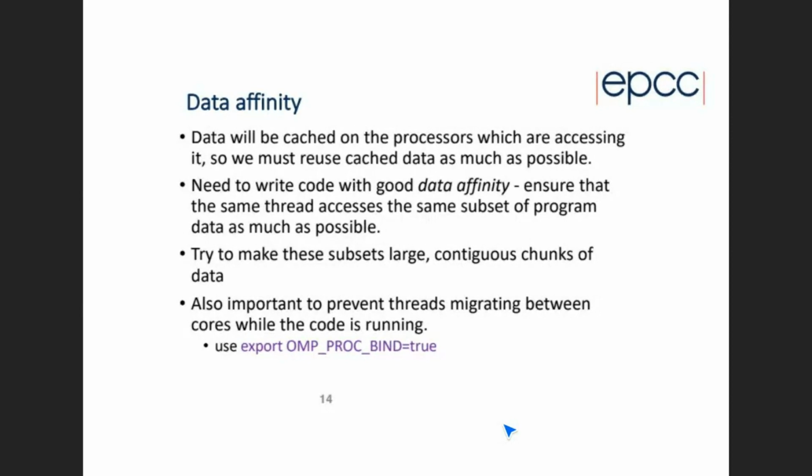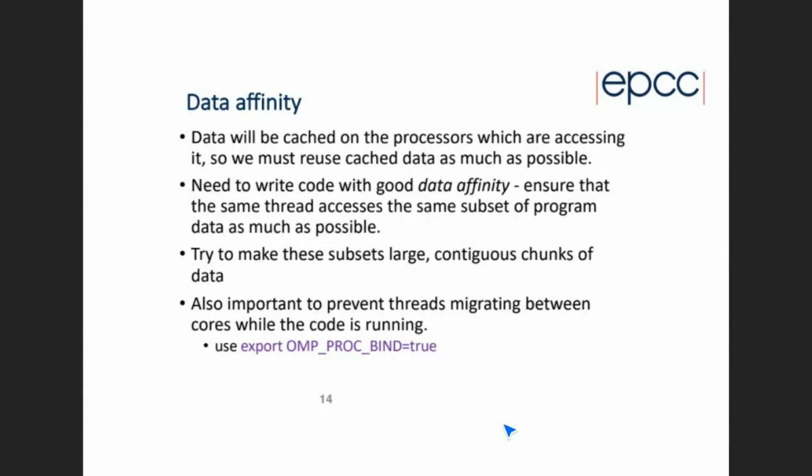So if you have some cores that are idle and some cores which are heavily computationally loaded, then the operating system will try to balance that load out by moving threads or processes from heavily loaded cores to lightly loaded ones.